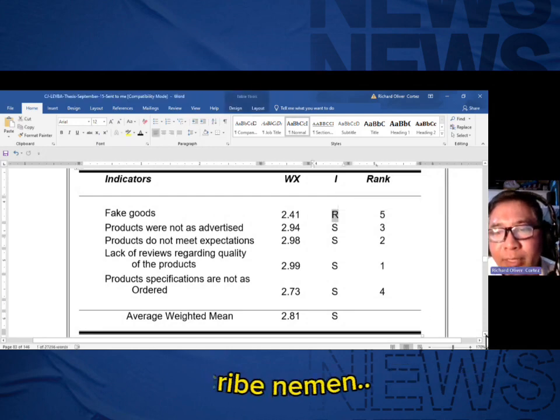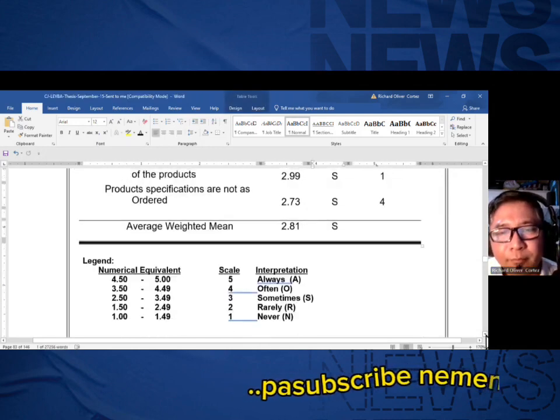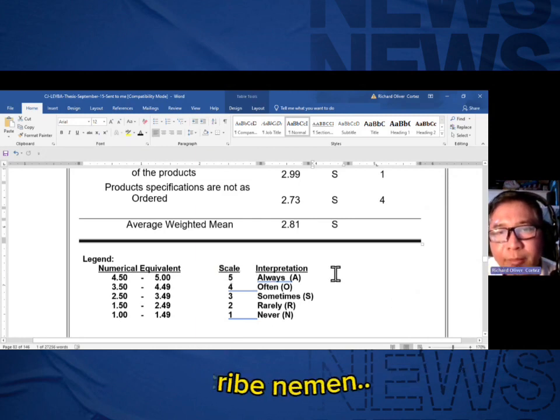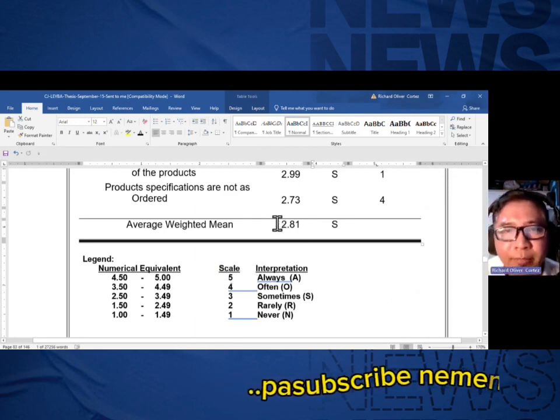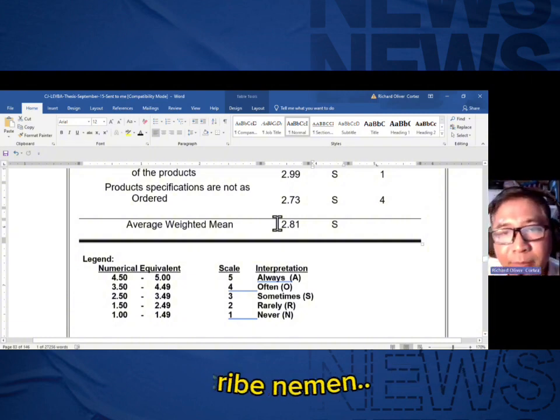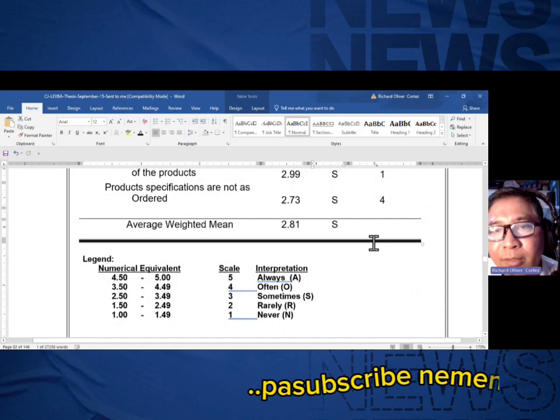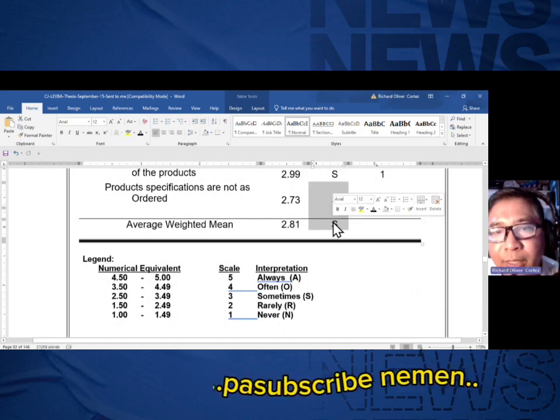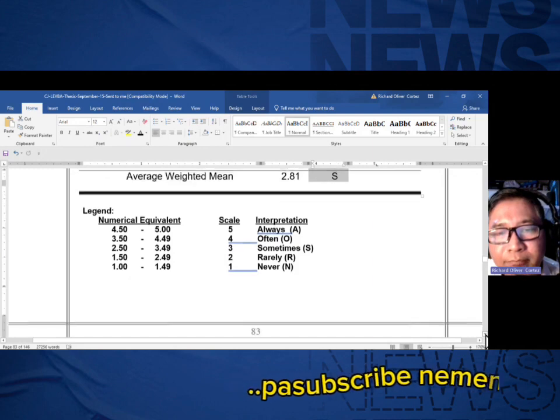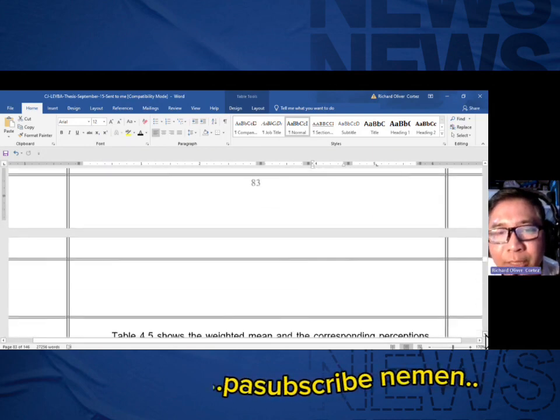So meron kang legend sa ilalim, na frequency, and also so the same format, you will get the average, weighted mean, and the verbal interpretation sa column, and also the discussion as well, no?